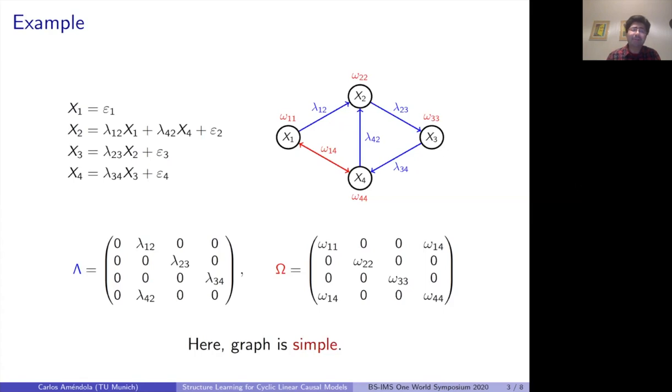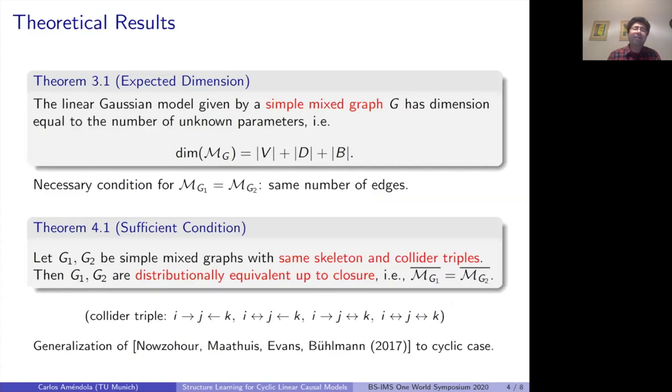In this example, the graph is simple. This means there is at most one edge between any pair of nodes. We will focus on this kind of graphs. These are our main theorems. The expected dimension theorem says the linear Gaussian model given by a simple mixed graph has dimension equal to the parameter count.